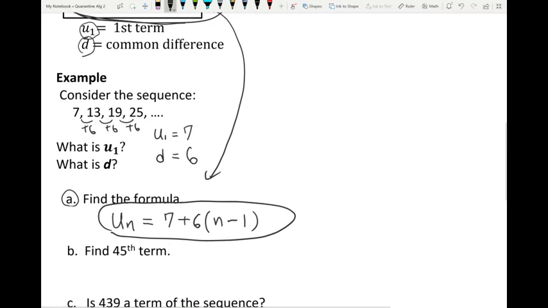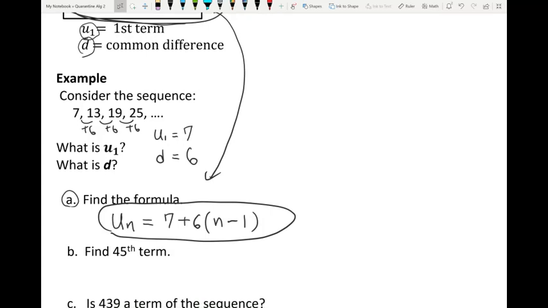We found the formula. Next, we need to find the 45th term. Now, how do you do that? Well, we just need to apply the formula that we just found. So we have u45 is going to be equal to 7 plus 6 times 45 minus 1.